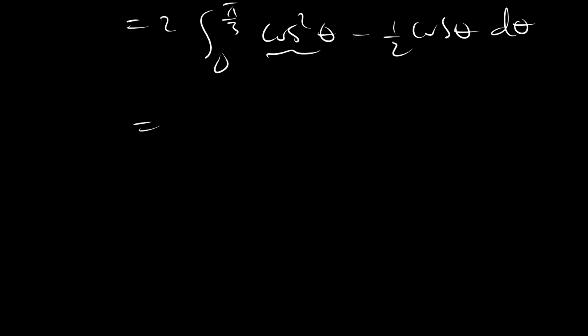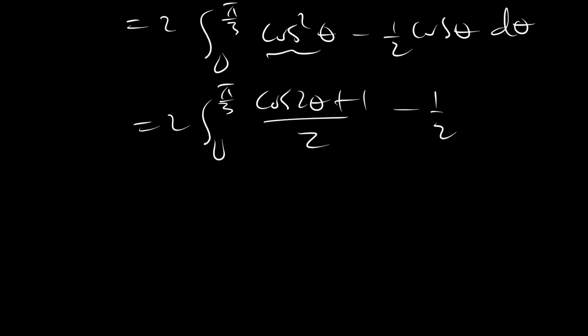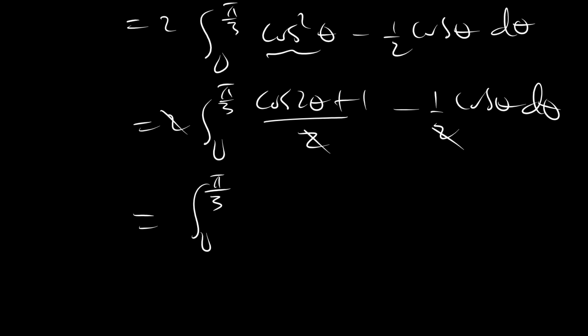So this becomes cosine 2 theta plus 1 over 2 minus a half sine theta here. And so this goes with that. And we have cosine 2 theta plus 1 minus cosine theta.